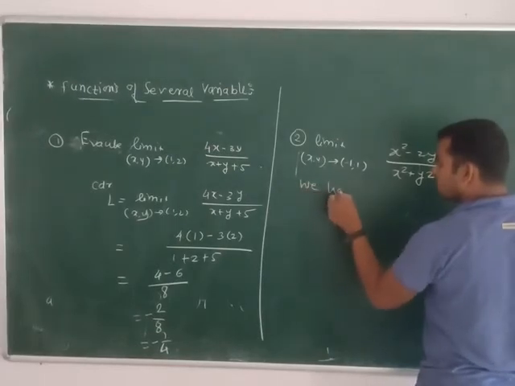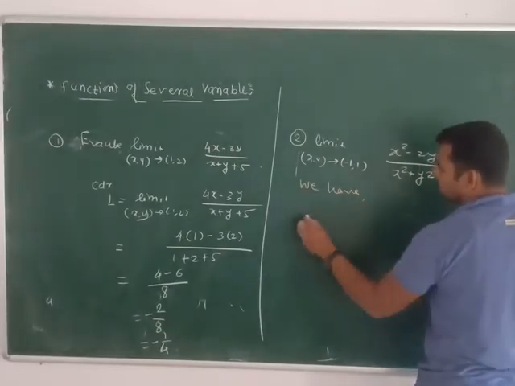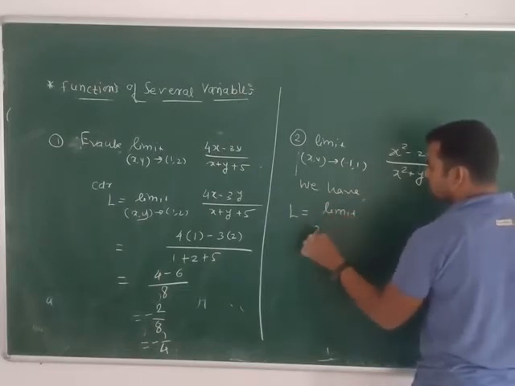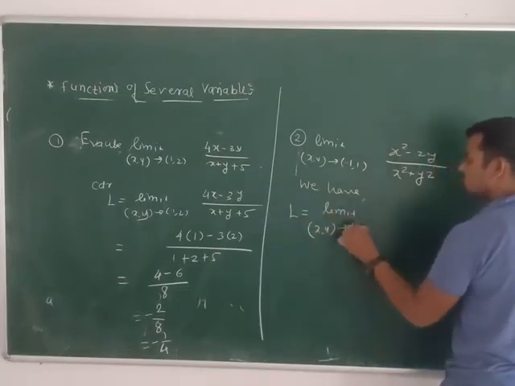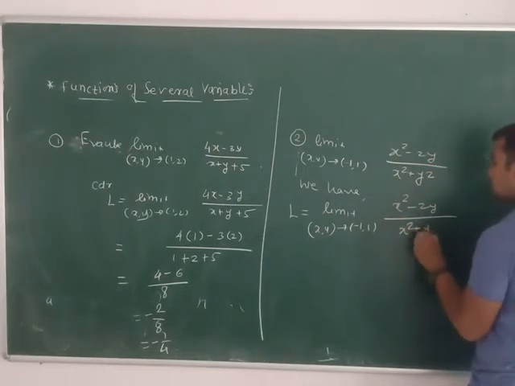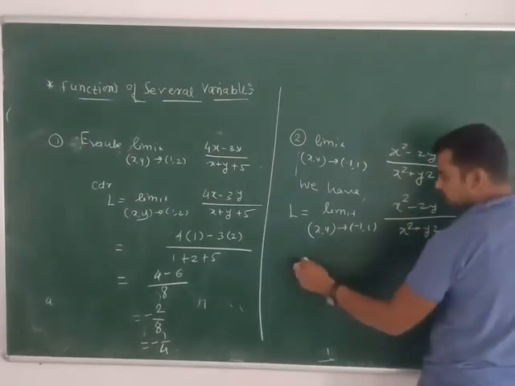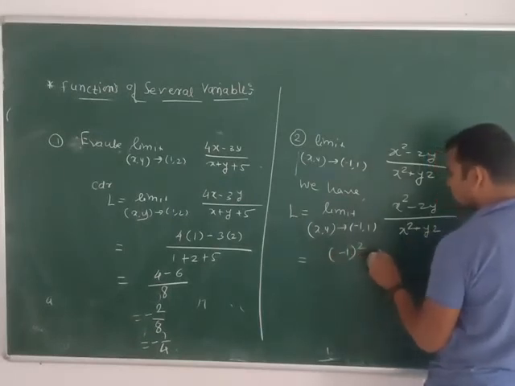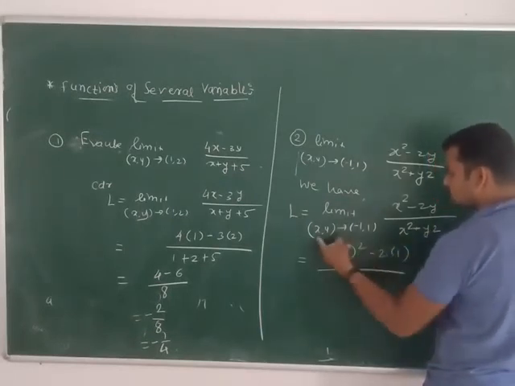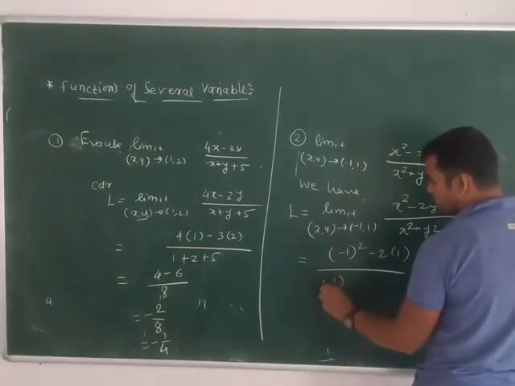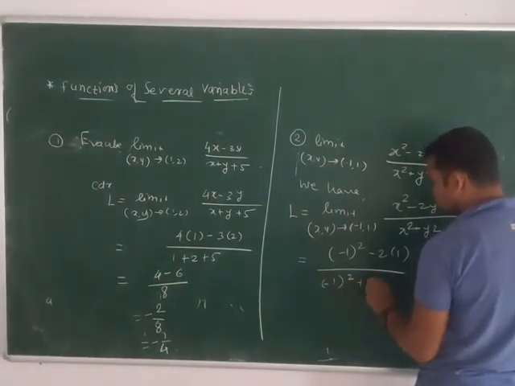We have L is equal to limit (x, y) tends to (minus 1, 1). What is the function? This is the function x square minus 2y divided by x square plus y square, which is equal to minus 1 square minus 2 into 1, because x tends to minus 1 and y tends to 1, divided by minus 1 square plus 1 square.